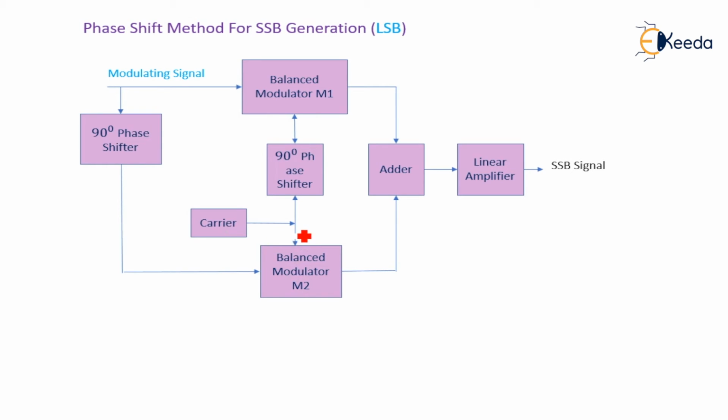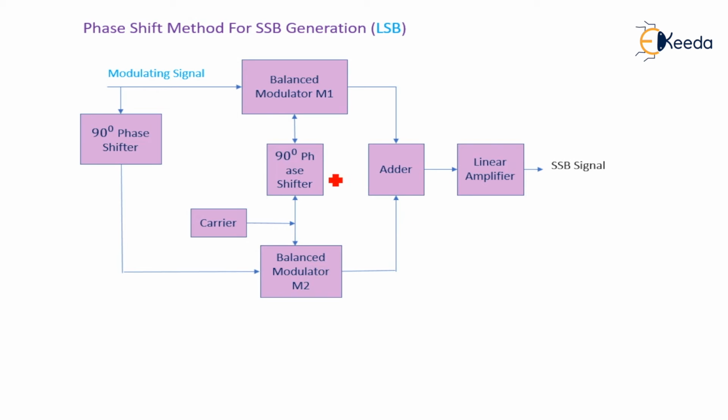During that the carrier is getting added at the balance modulator 2. So on one side of balance modulator 1 and balance modulator 2, the difference in the phase shift takes place, and the carrier and one of the sidebands get suppressed. So this is very much suited for the lower sideband suppression.